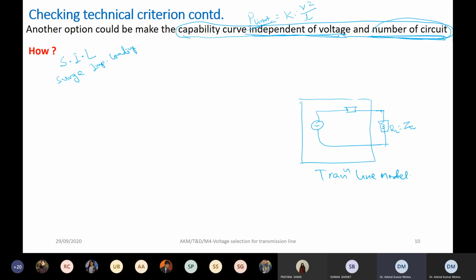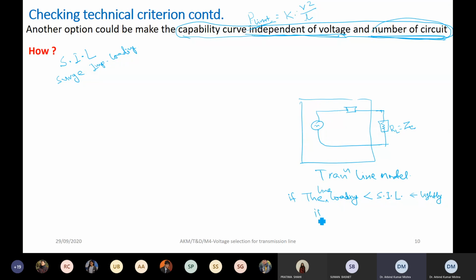So it is always true that if the line loading, I'm not deriving this, but just giving you the fact, if the line loading is less than the surge impedance loading, we call it the lightly loaded condition. Why?